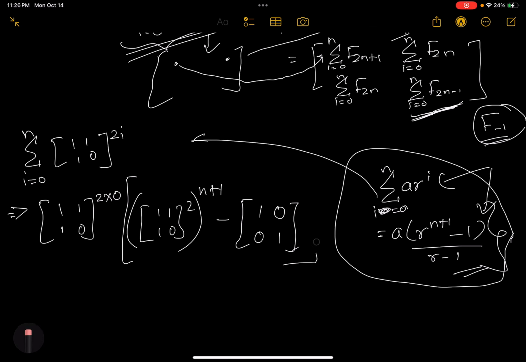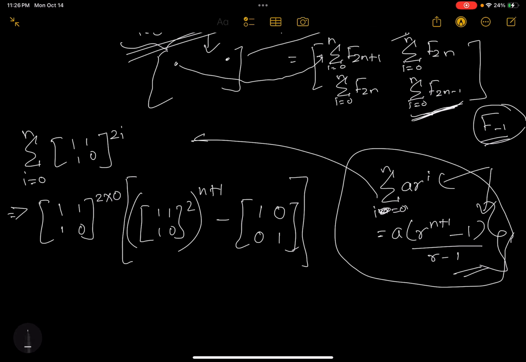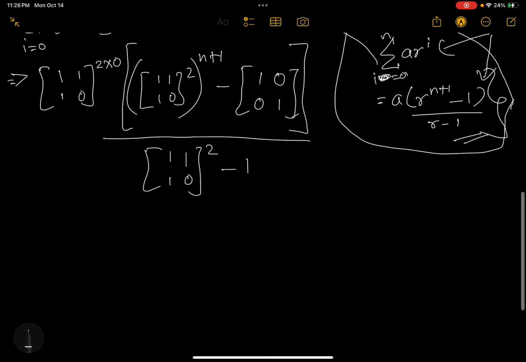Yeah, 1 is just the identity matrix in matrix form, and then divide by r is 1110 square minus 1, right? Now we know that anything to the power 0 is just 1, and in matrix form 1 is basically 1001. But if that unit matrix multiplies this thing, it will be the same.